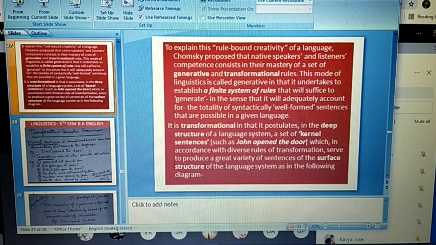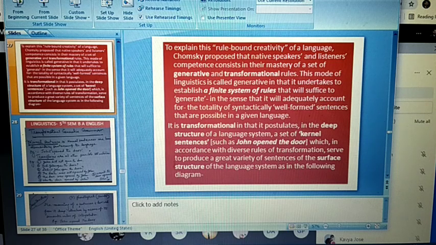So now you know vocabulary, you know tense, you know grammar, you know the different notions in grammar, like function, gender, number, passive formation, question formation, different types of sentences.